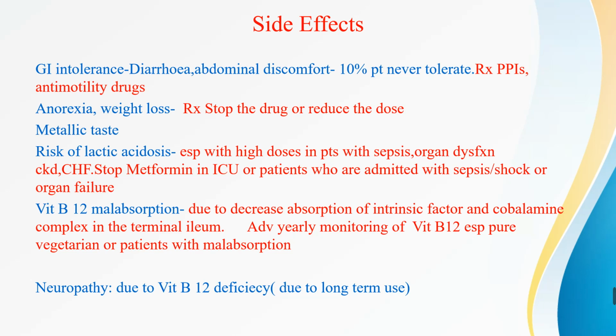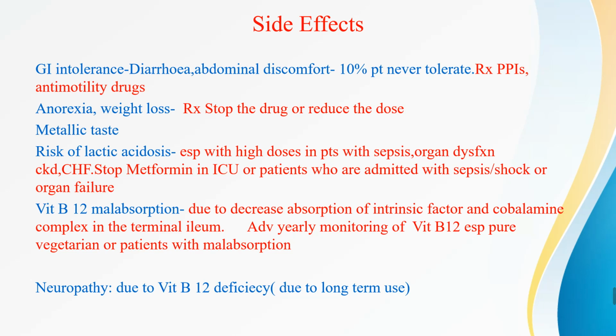Vitamin B12 malabsorption is very common with metformin use. It is because of decreased absorption of the complex of intrinsic factor and cobalamin in the terminal ileum. So patients who are put on metformin should be advised yearly monitoring of vitamin B12, especially those who are pure vegetarian or in whom malabsorption is a predominant feature.